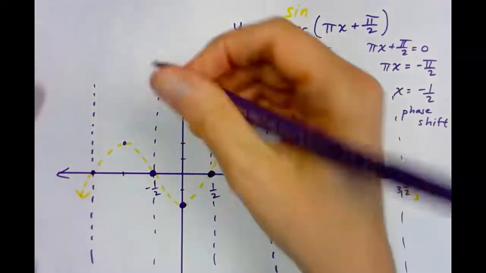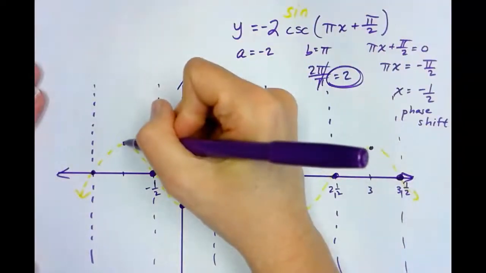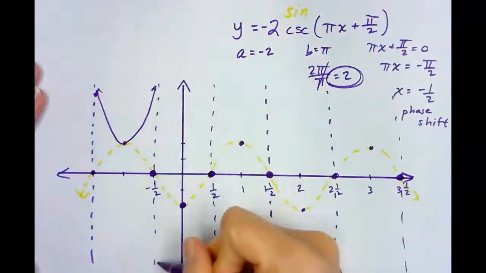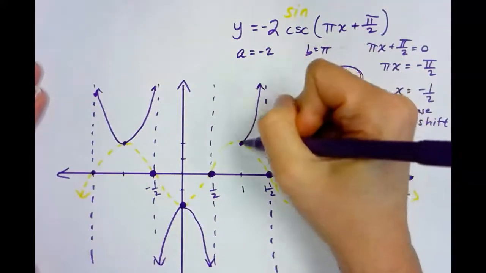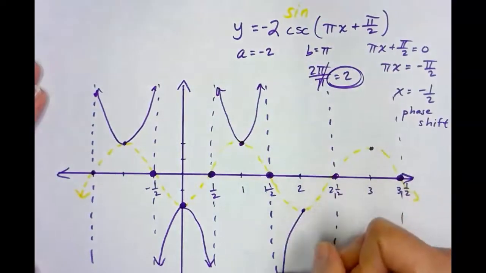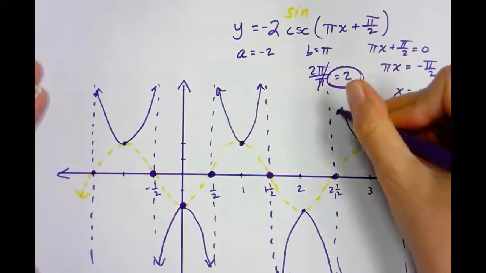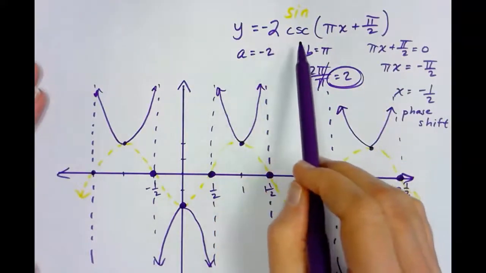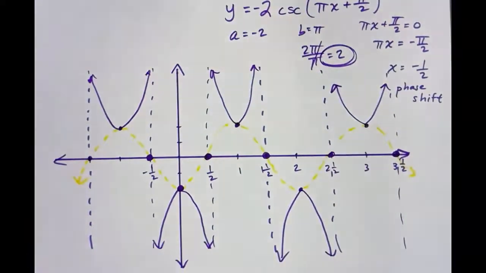So now, using my purple pen, I am going to finally graph the cosecant here. So there's one branch, 2, 3, 4. There we go. There is y = -2 cosecant(πx + π/2).